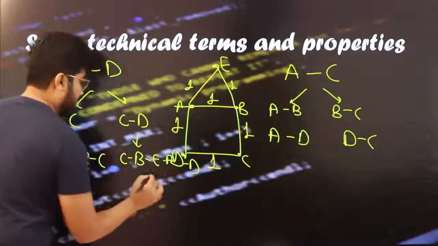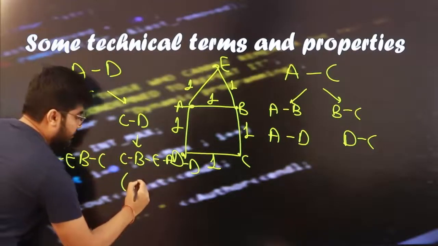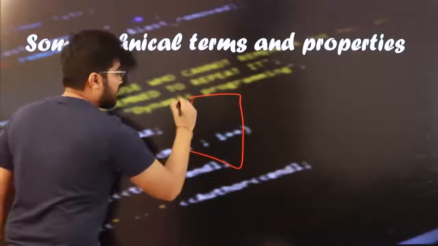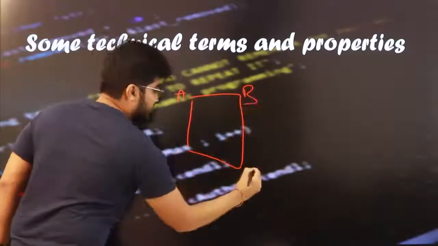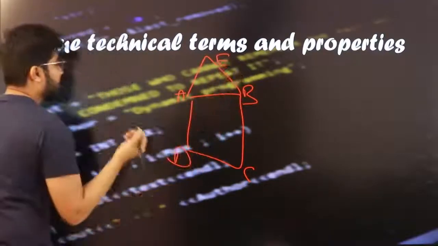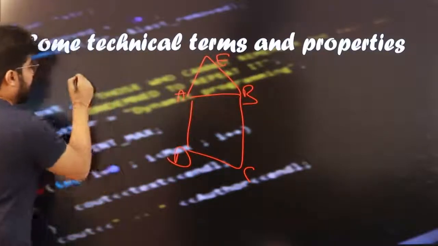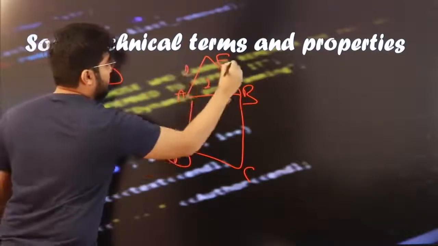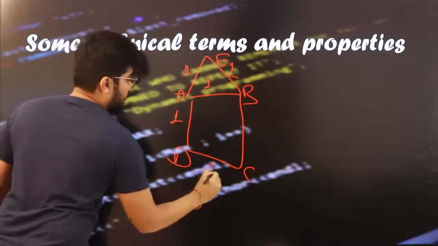Okay, if it's not visible, I'll write it again. So where we were? Yeah, we had a pentagon and A, B, C, D and E. Now I told you to find the largest path between A and D, and every edge had one weight.